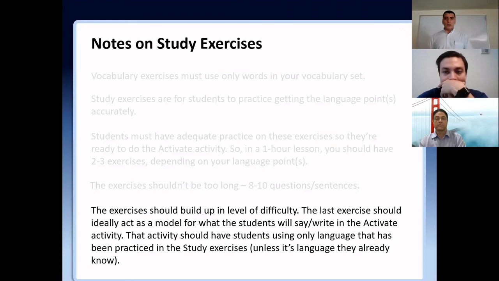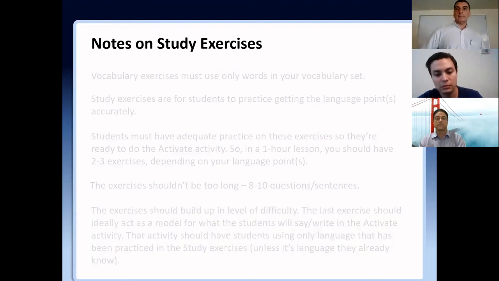Okay? And so it's important that if it's new language, the students have had adequate practice with it. Okay, any questions at all about those points? No, nothing I can think of. No, it's pretty clear, yeah.